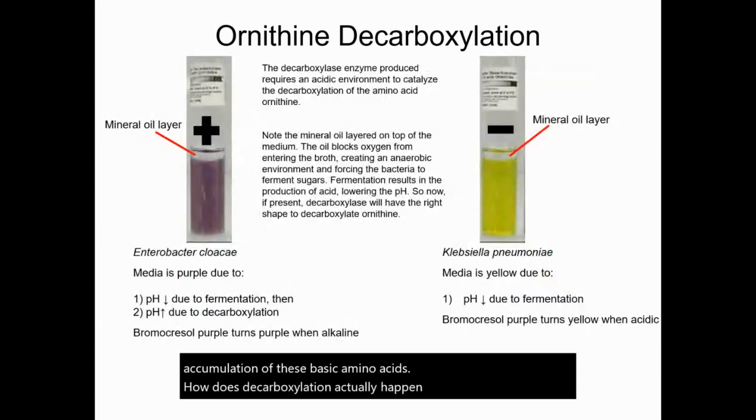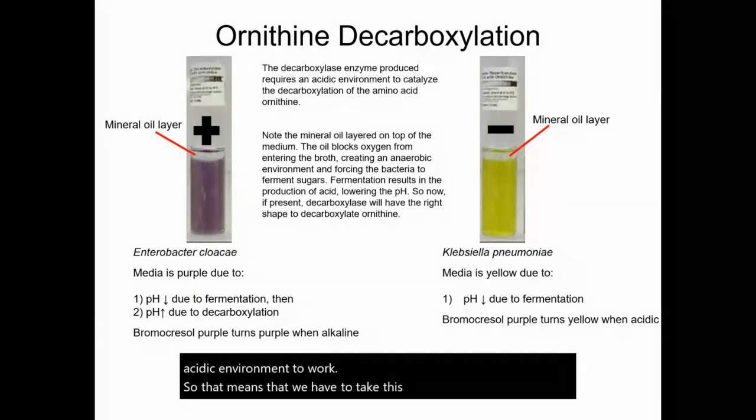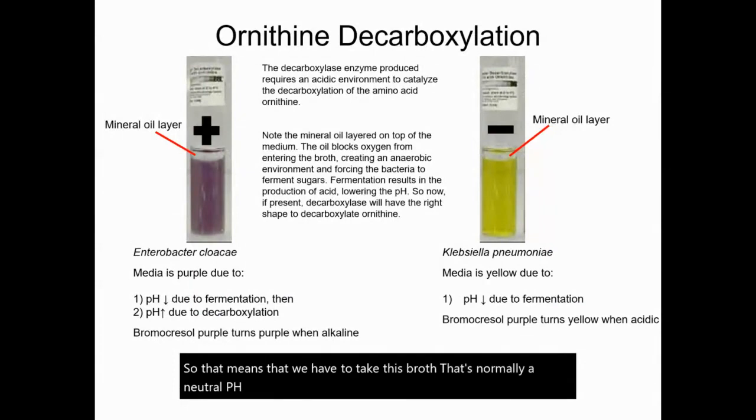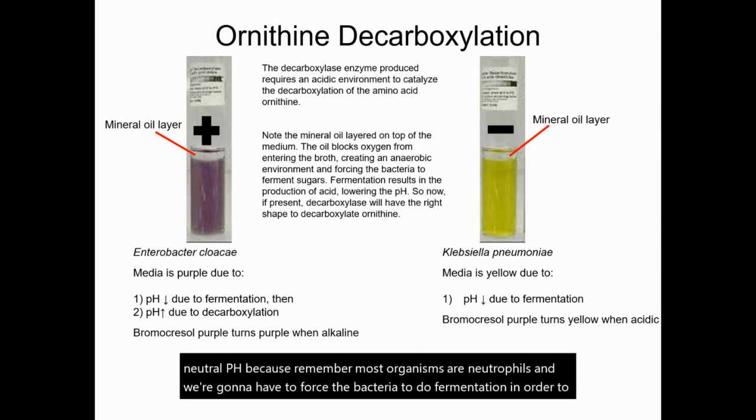It turns out that the decarboxylase enzyme that will do the decarboxylation requires an acidic environment to work. So that means that we have to take this broth that's normally a neutral pH, because remember, most organisms are neutrophiles, and we're going to have to force the bacteria to do fermentation in order to decrease that pH.